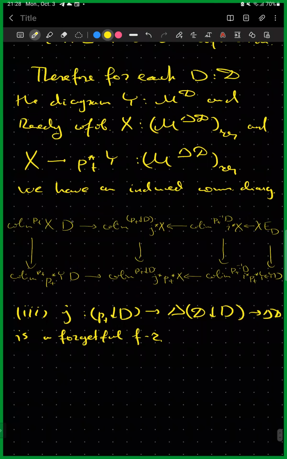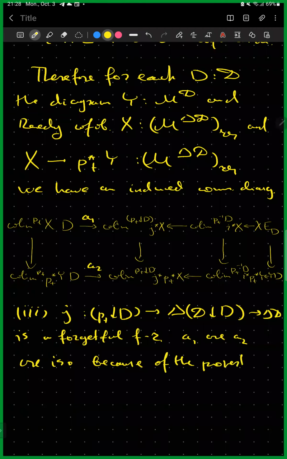And these maps here, A1 and A2, are isomorphisms because of the properties of the connected functor.